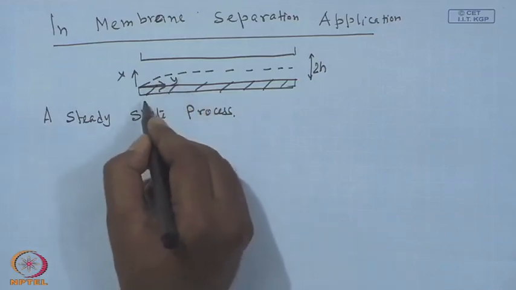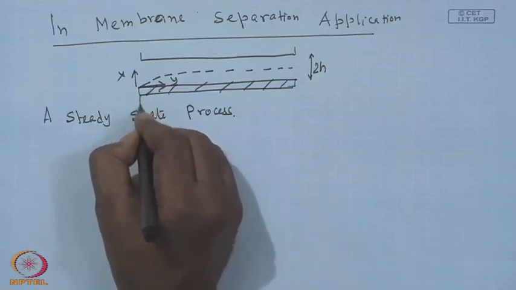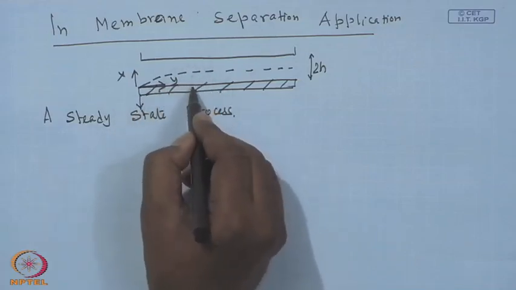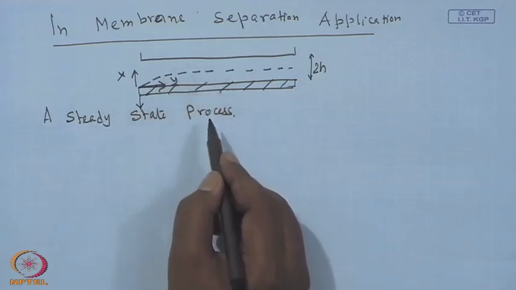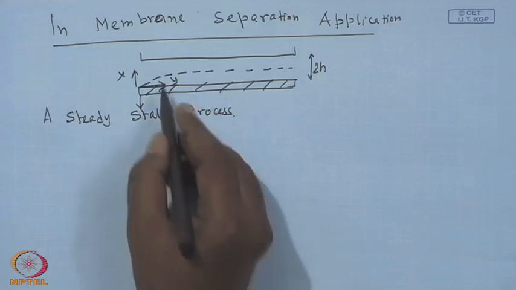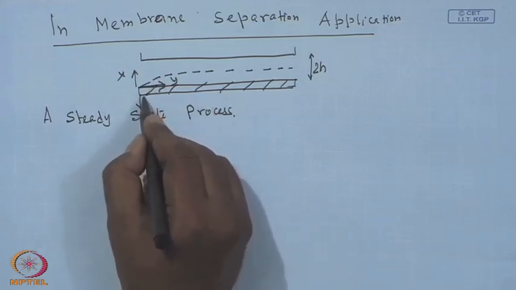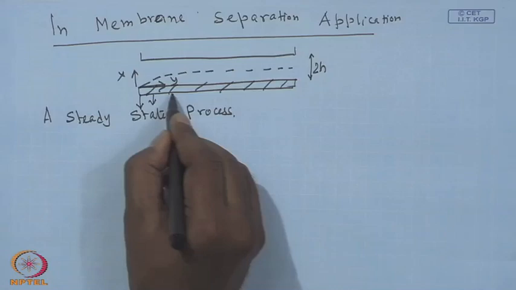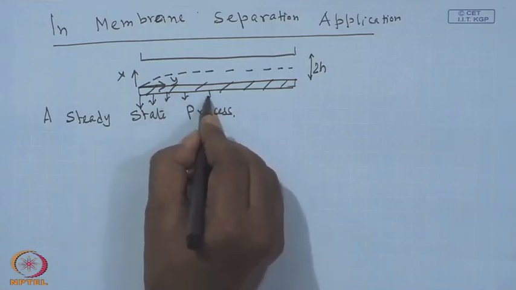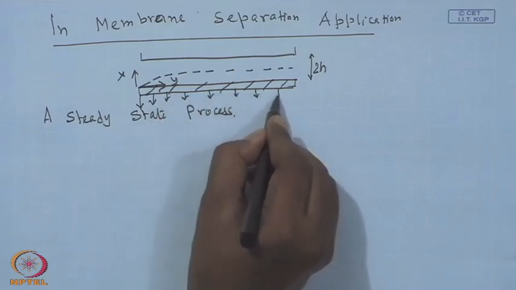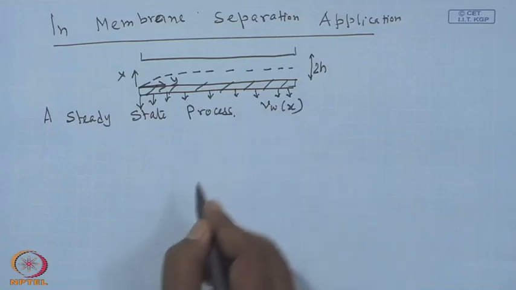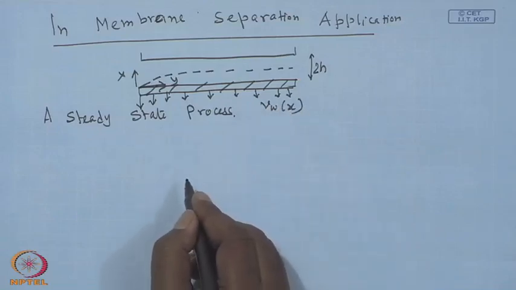The permeate flux, the permeation velocity, will be maximum here, because the thickness of this boundary layer governs the resistance against the solvent flux. So, the lower the thickness, the higher the permeate flux; then this flux will reduce and then it becomes almost constant. So, the permeate flux V w is a function of x.